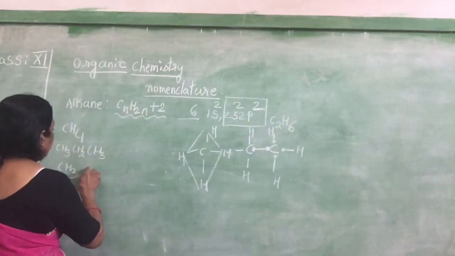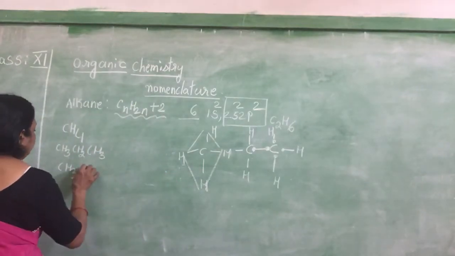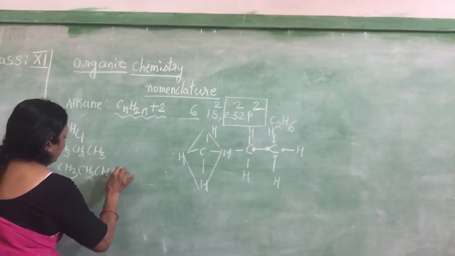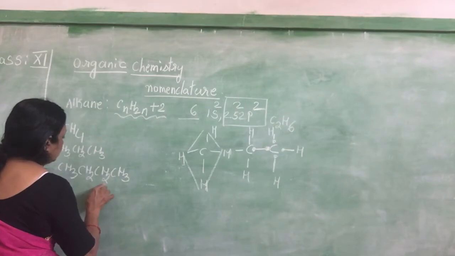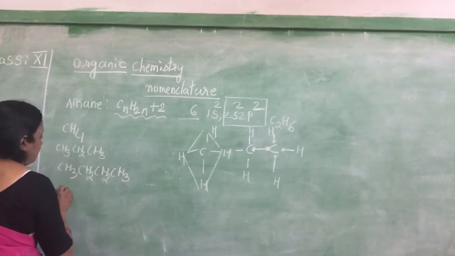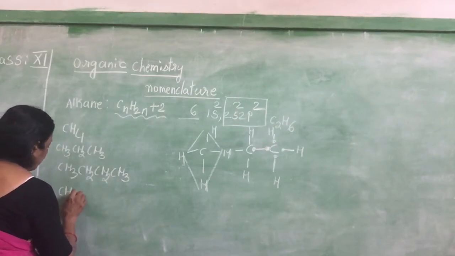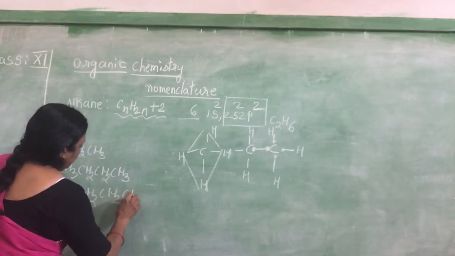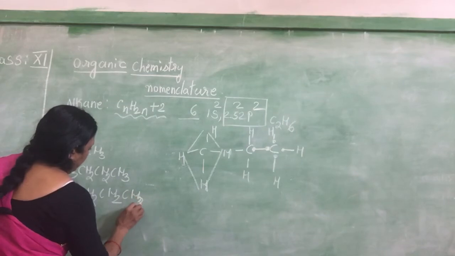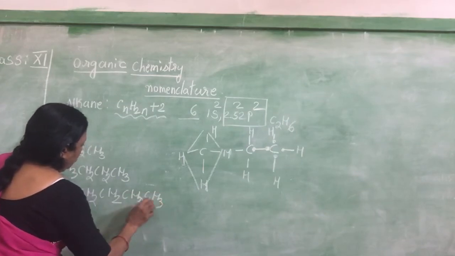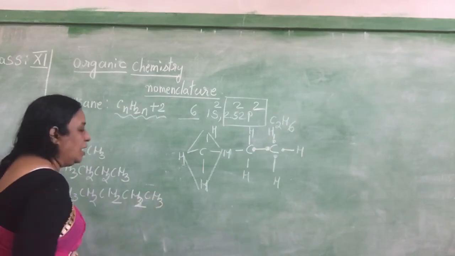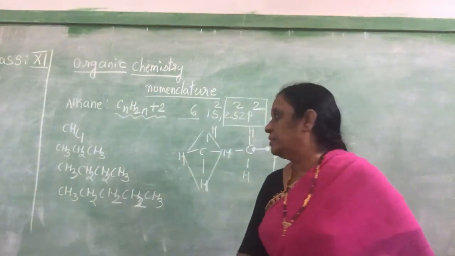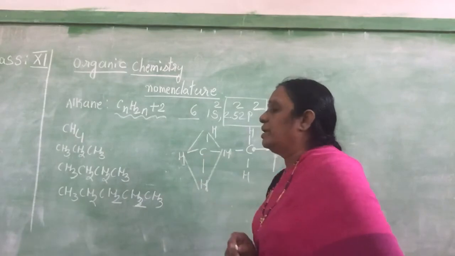So CH3, butane you have to write. 1 more CH2, additional CH2 please write. CH3, CH2, CH2, CH3. Now pentane, 1 more CH2. Okay, 1, 2, 3, 4, 5. Now hexane, if you write, you have to write 1 more CH2 group. Now this is the alkane.